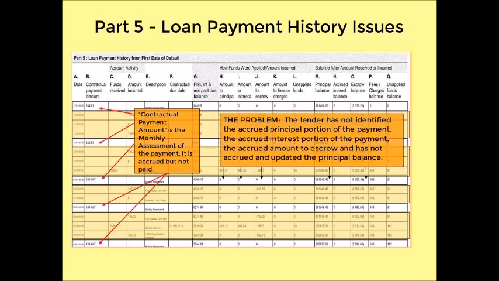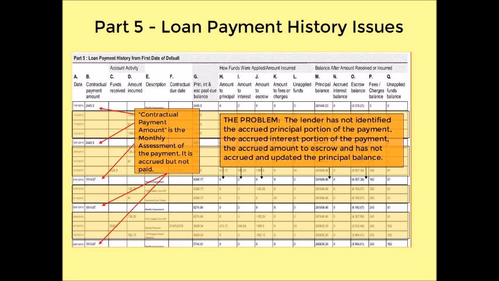And for purposes of the proof of claim, the balance is updated. So the principal portion of that should reduce the previous month's balance and actually lower the balance so that the next month's calculation is based on the lower principal balance amount. And that's where we see all the problems.